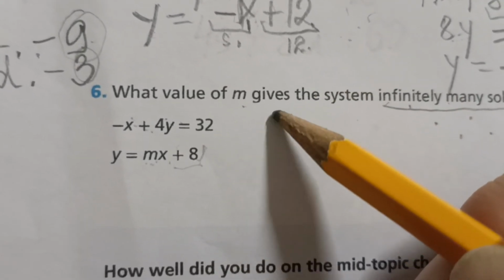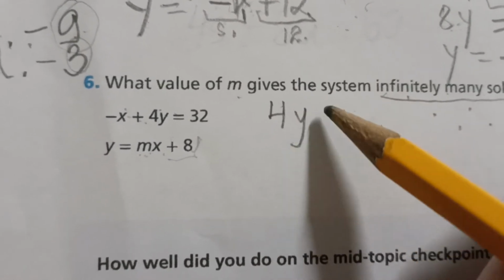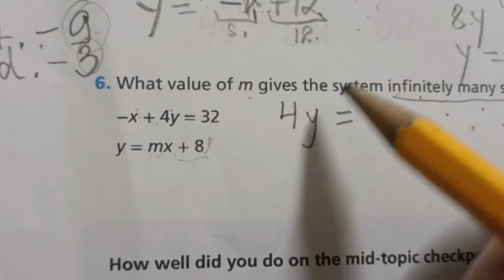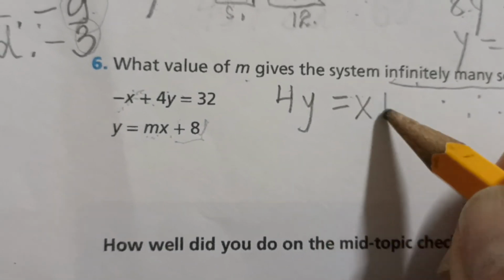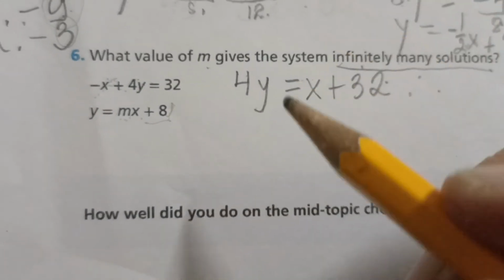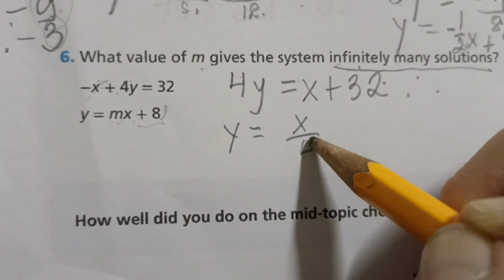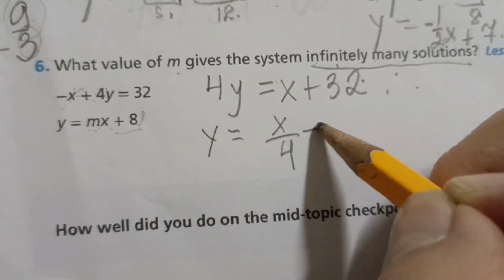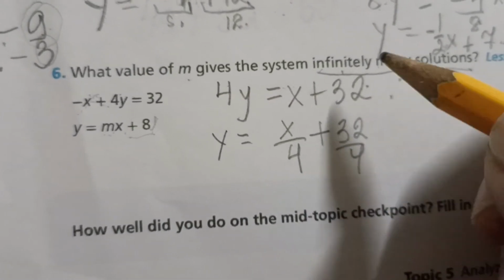So again, we put the part with y ahead, then we move minus x, it's going to be just x plus 32. Now for y, every number we divide by 4, okay, plus 32 by 4.